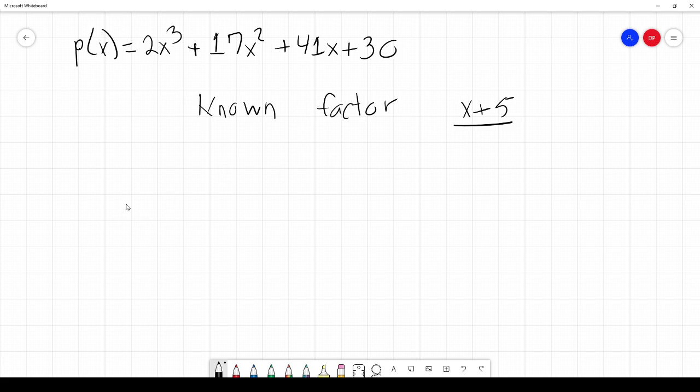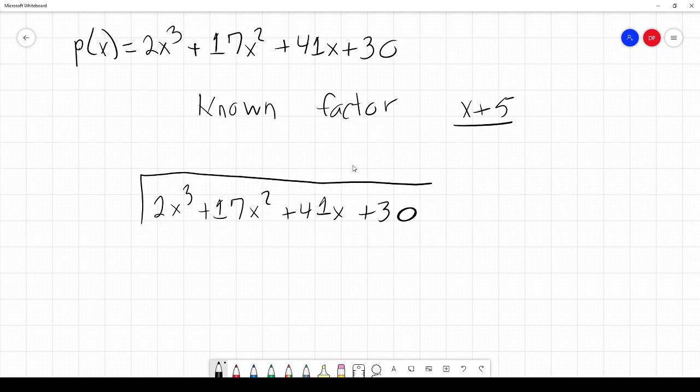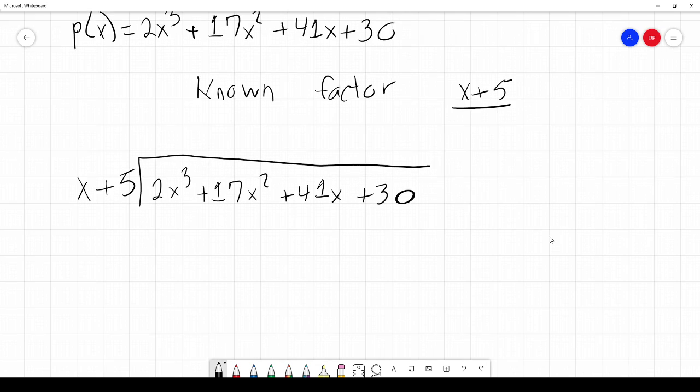Okay, it also means that if we were to divide our original polynomial, 2x cubed plus 17x squared plus 41x plus 30, by x plus 5, we don't really know anything about the quotient, the answer that we would get, but we do know one thing, because this is a known factor. If this is a factor, that means we should get a 0 remainder, okay, because it goes into it evenly.